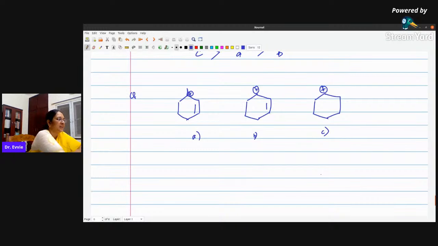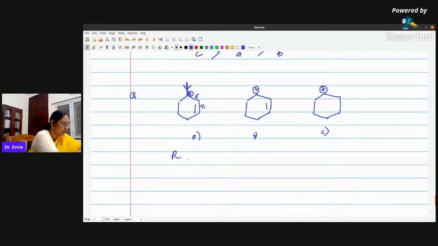The first one is pi sigma positive. So what is the effect here? As I told you, all are C and H, so what will I write? I will write resonance. I hope you now got the difference between resonance and isomer. It will also show the plus I effect, right? See here, there's a CH3 group, and this will give you electron donation.